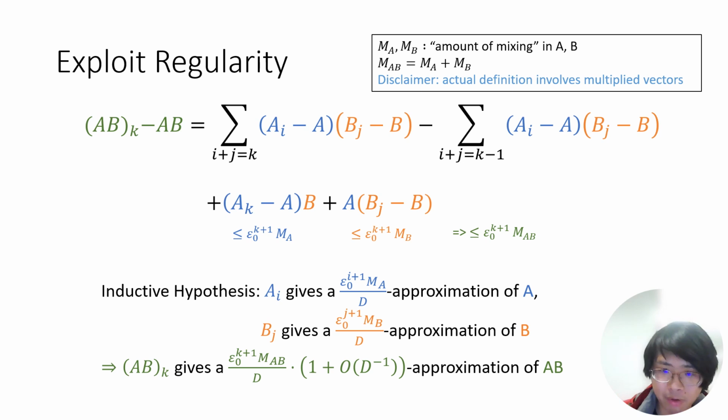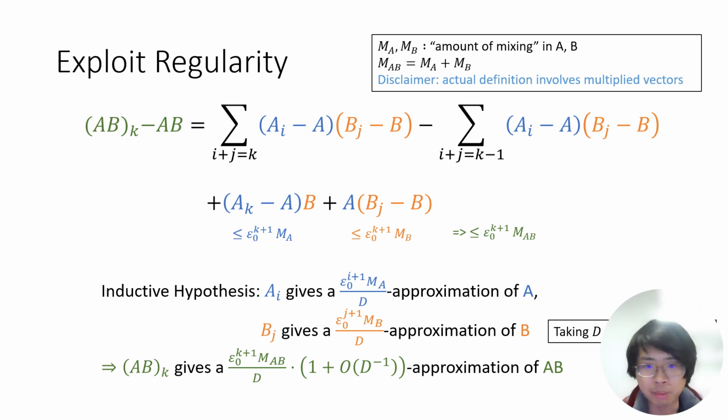And because this lasts for log n levels, it turns out that, oh sorry, this is blocked. So taking D to be log n actually suffices. By going through the analysis, we will see that this allows us to also take the base case error to be polylog n, and everything goes through. The actual analysis where we put in the actual definition of amount of mixing would be really trivial in this outline of the proof.